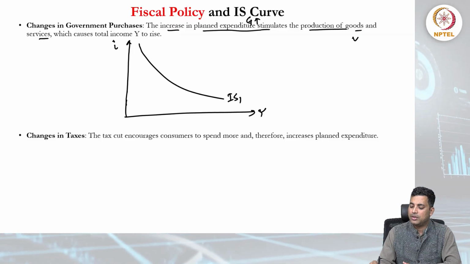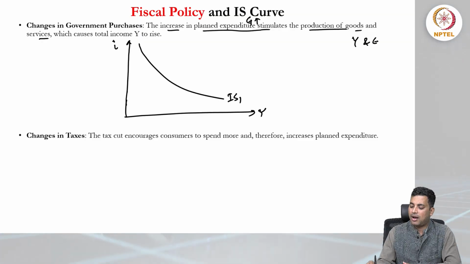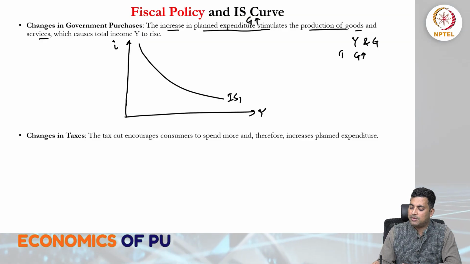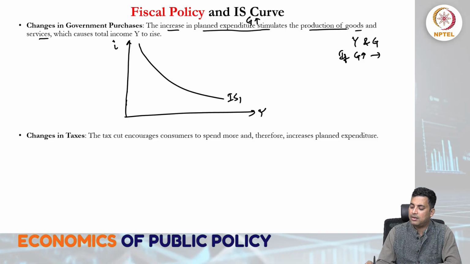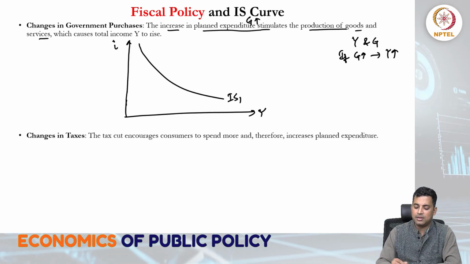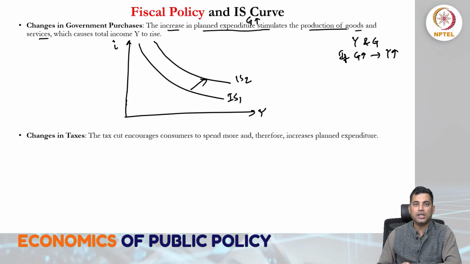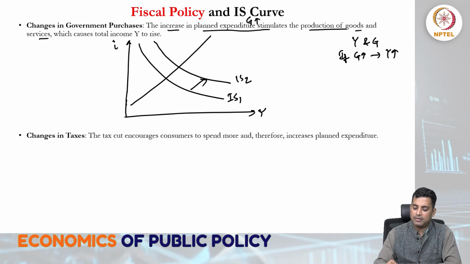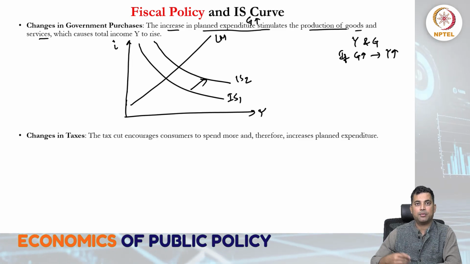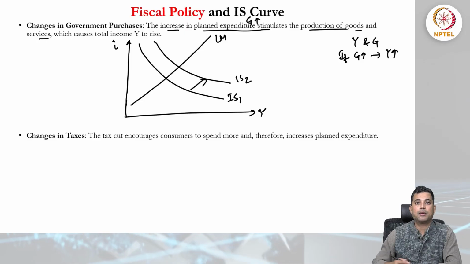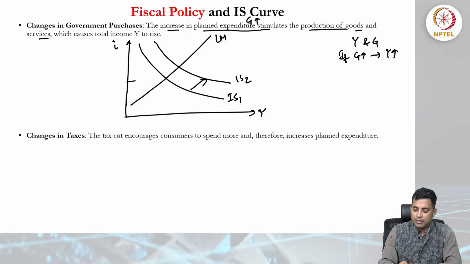As we know, G and Y are positively related, so if G increases, then Y also will increase, and therefore the IS curve will shift rightward. And this is the LM curve, which is upward sloping, but the IS curve will shift rightward.